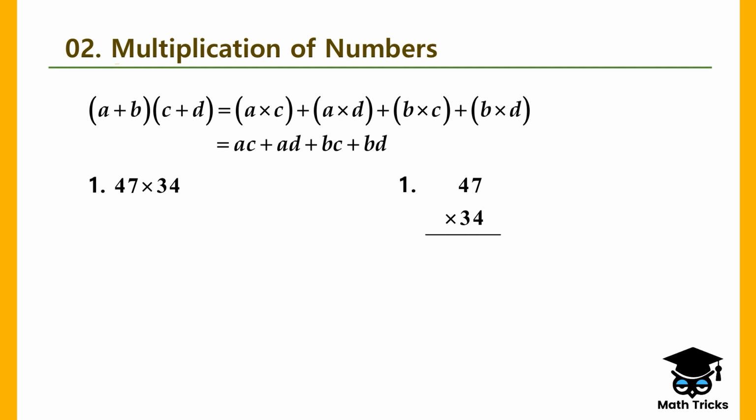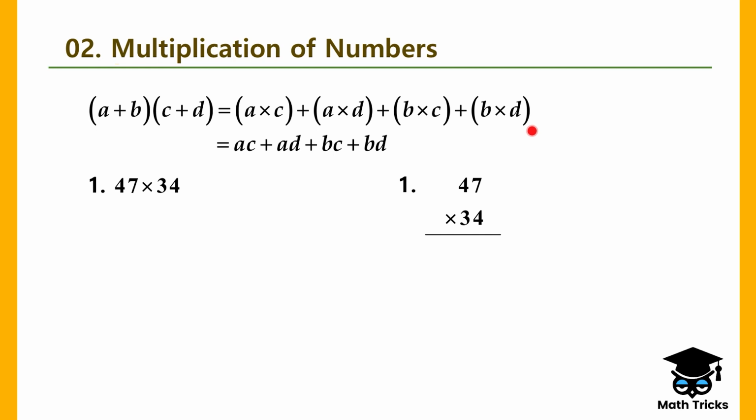Now, let me explain how this method works. From algebra, binomial times binomial is equal to, using the distributive property, a times c plus a times d, plus b times c plus b times d, right?